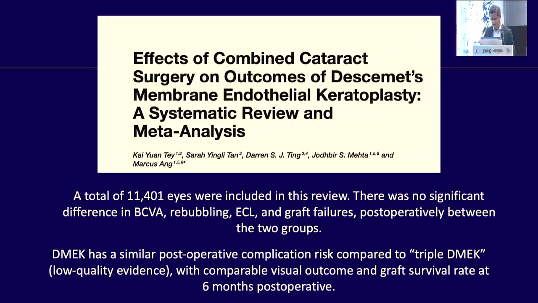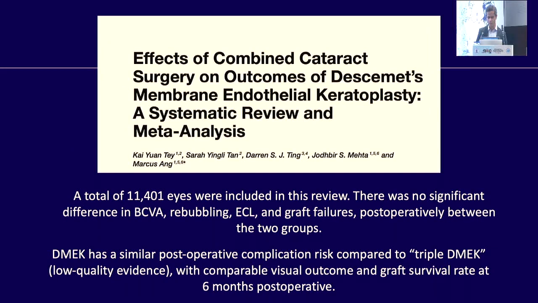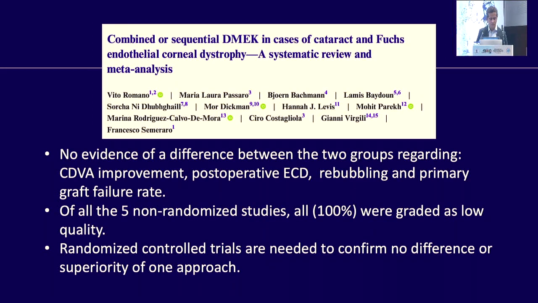Marcus and Joe published this meta-analysis in Frontiers recently, looking at more than 11,000 eyes. They were included in this review, non-comparative, showing that DMEK has a similar post-op complication rate compared to triple DMEK, although the quality of evidence was low at 6 months post-operatively. Again, a little bit biased towards doing triple whenever possible.